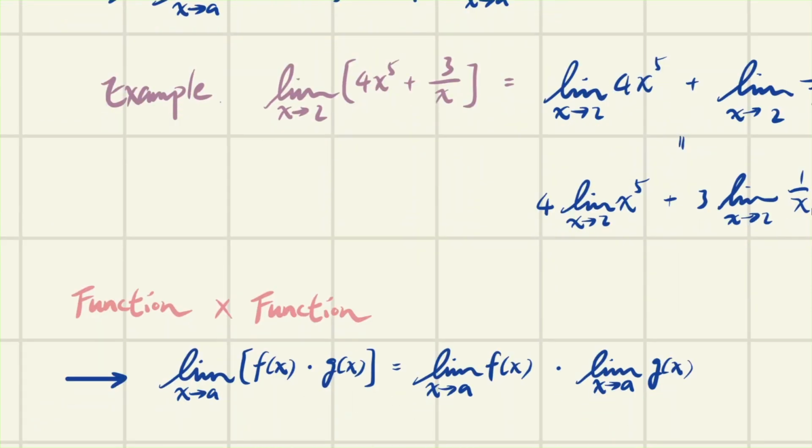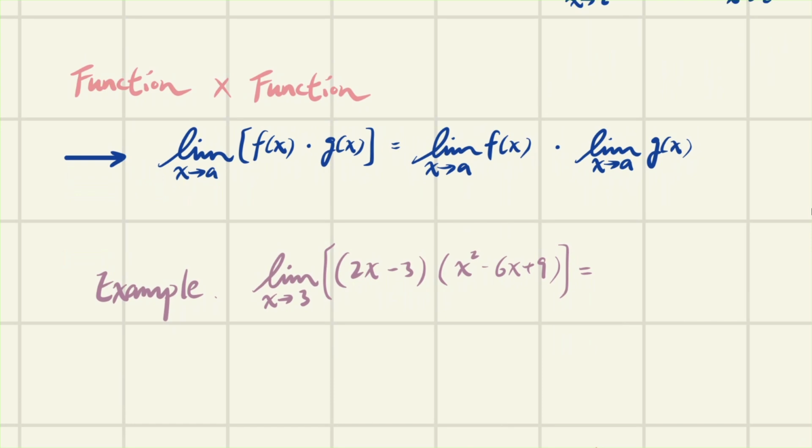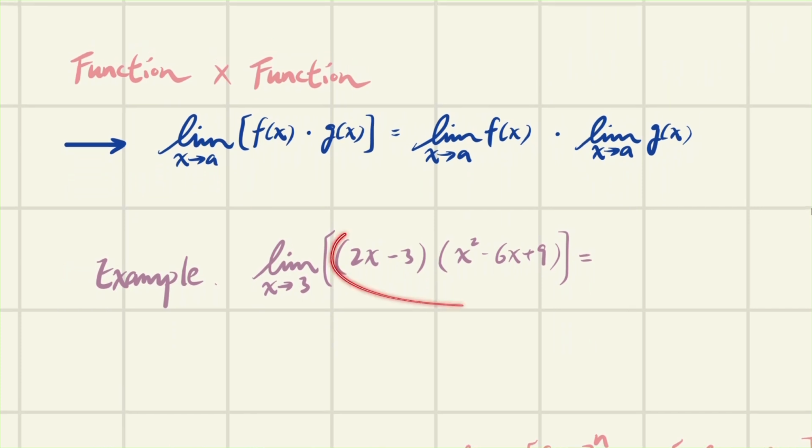Later on, function times a function. If I have a function multiplied by another function and then take the limit of it, it's the same thing as taking the limit first, then multiplying them. So, for example, the limit as x approaches 3 of this function, let's not separate them first.